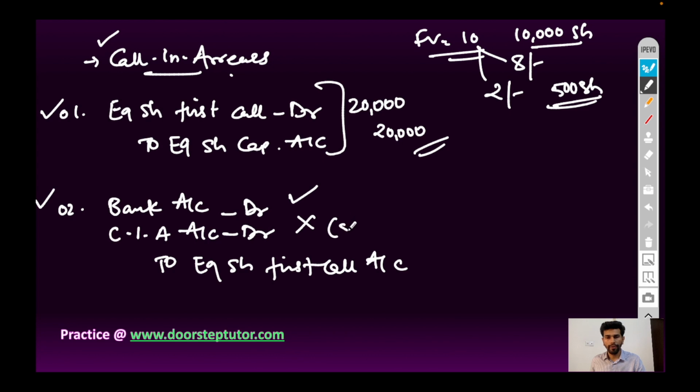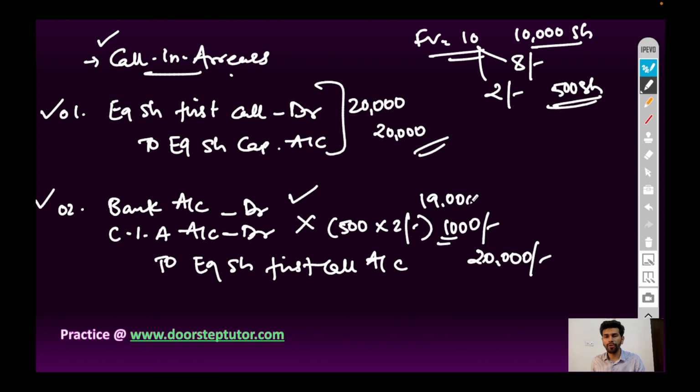So 500 shares into 2 rupees per share, that is 1,000 rupees, is call in arrear. Out of 20,000 rupees of call money, 1,000 rupees is call in arrear. So the balancing amount will be 19,000 rupees, bank account.